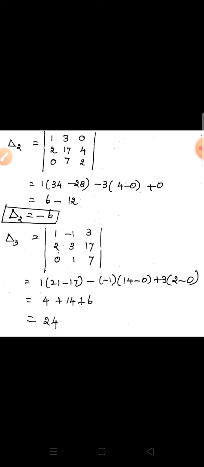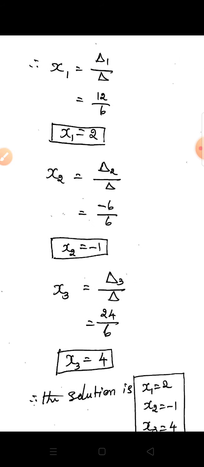Now we are going to apply Cramer's rule. What is Cramer's rule formula? x1 is equal to delta 1 by delta. Here the delta 1 value is 12 and the delta value is 6. After simplifying we get x1 equal to 2. Now x2 is equal to, what is the formula? Yes, delta 2 by delta.